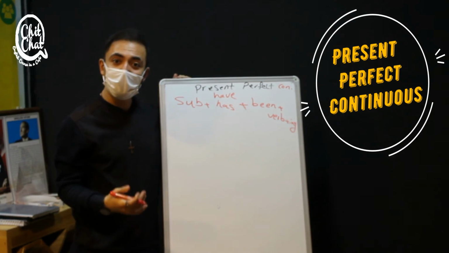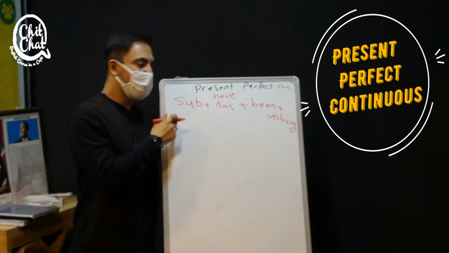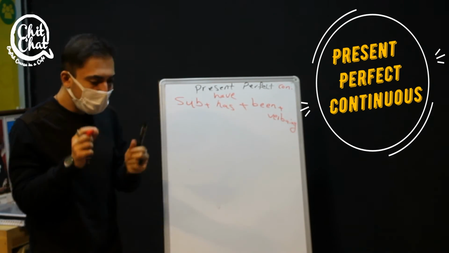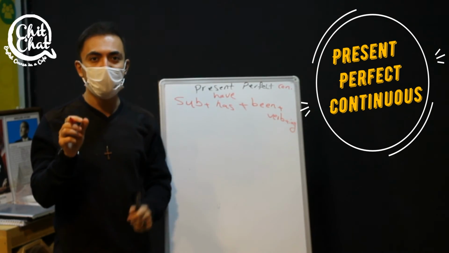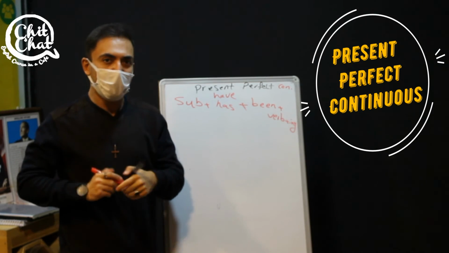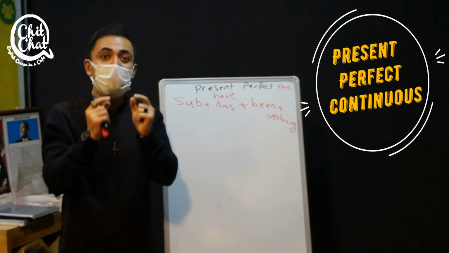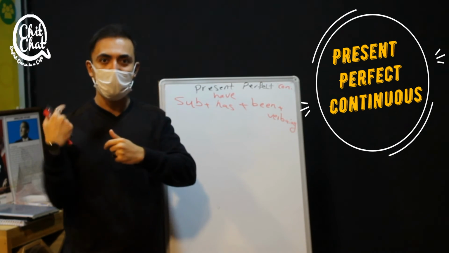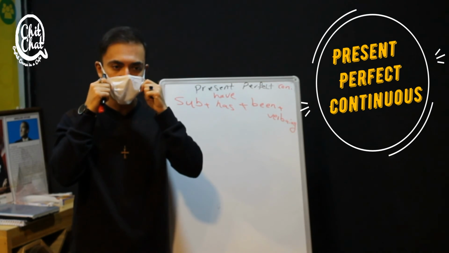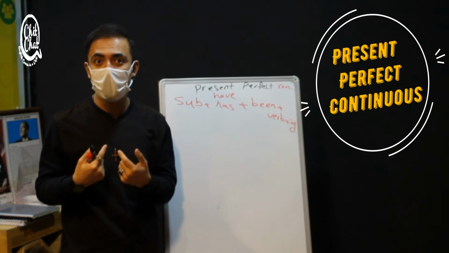I have been eating, I have been doing, I have been teaching. But when do we use it? Guys, it is a very small difference between present perfect and present perfect continuous. Present perfect continuous is a continuous action in recent time. Just imagine that 2 or 3 minutes before the class, something happened to me that made me cry.